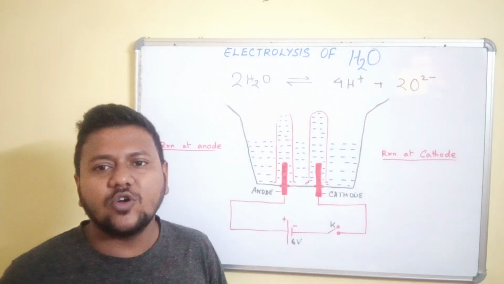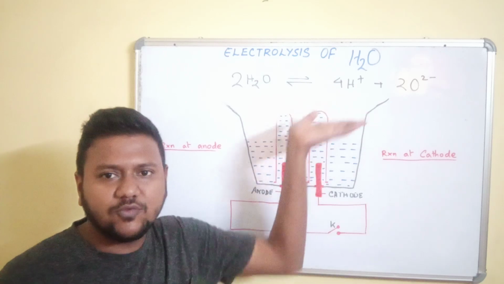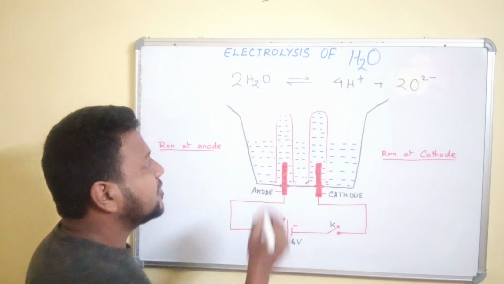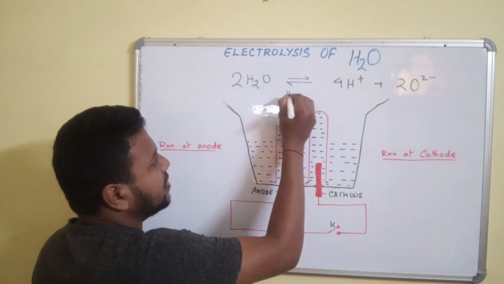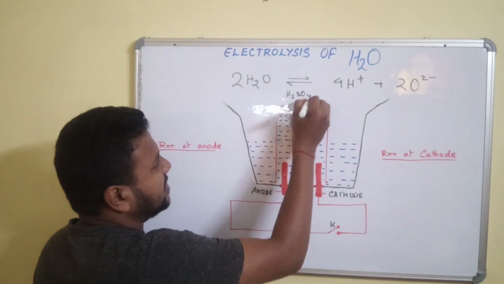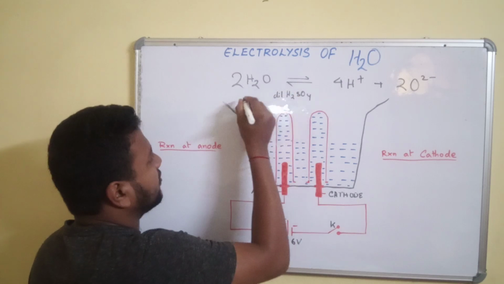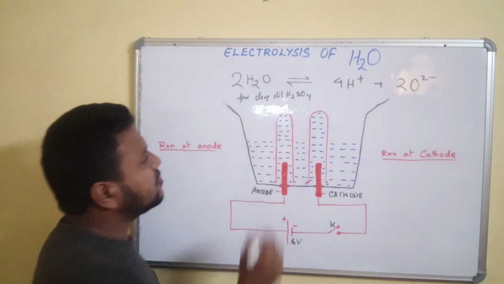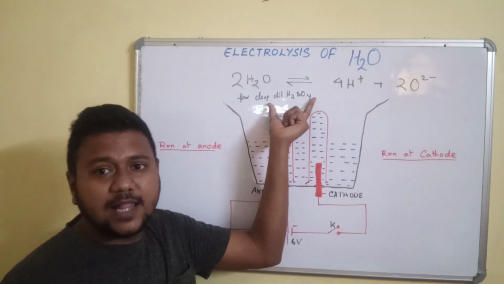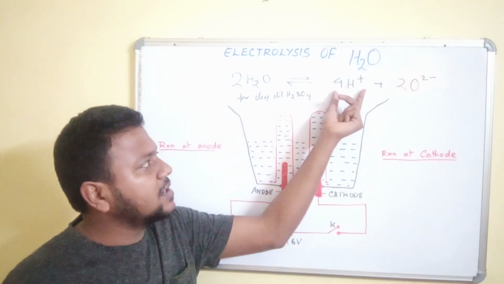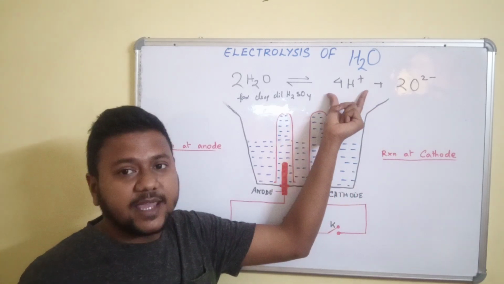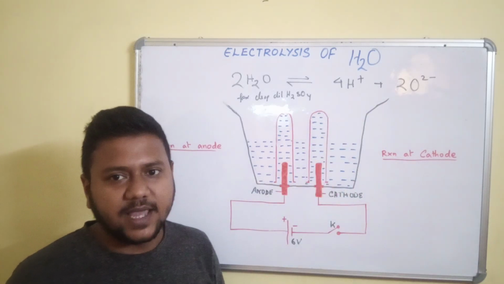This ionization of water occurs with the help of a few drops of H2SO4. So these few drops of H2SO4 help the ionization of water into its constituent ions, the H+ ions and the O2- ions.